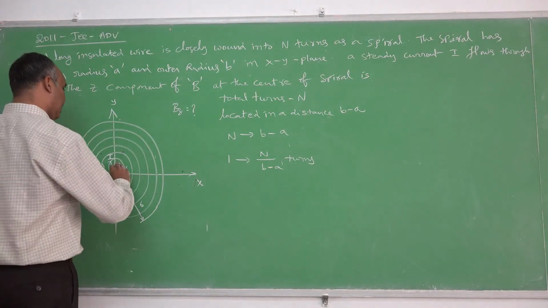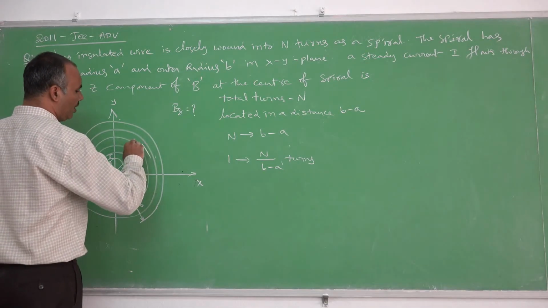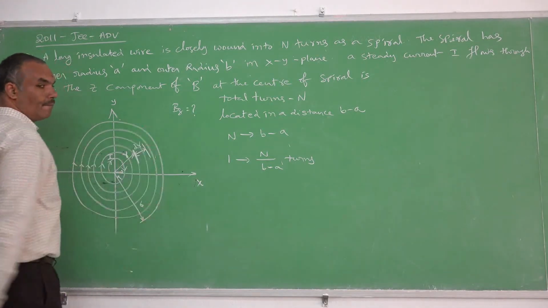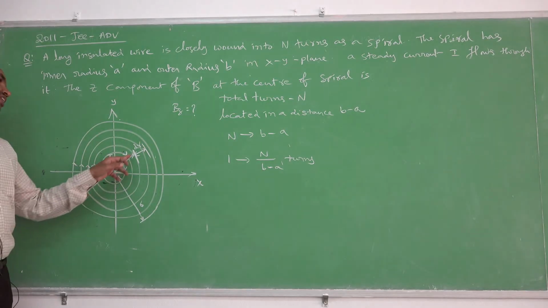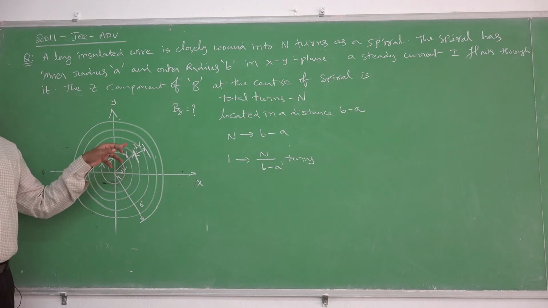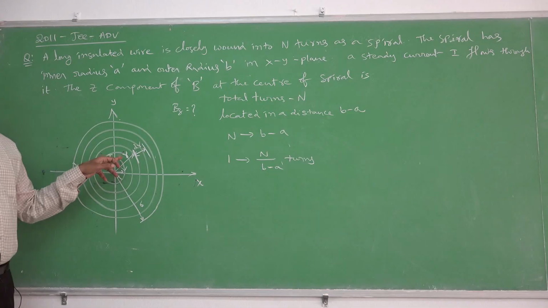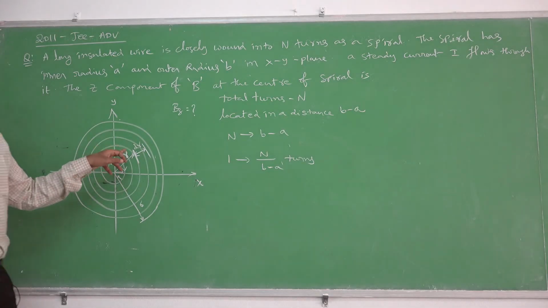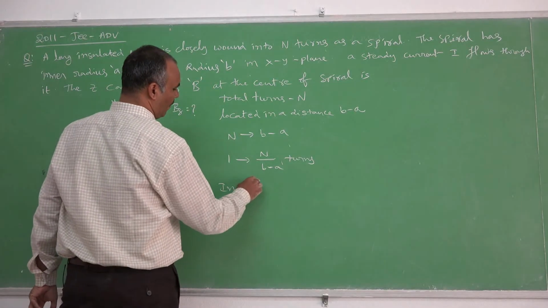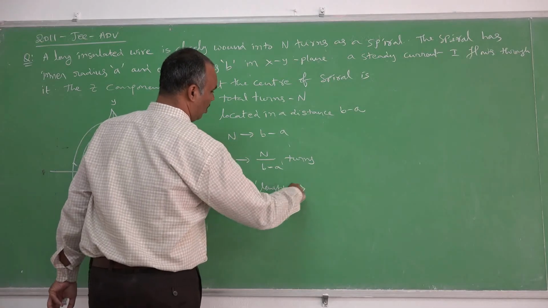For my convenience, let me take a distance r, and here I am taking a small element. So the element width is dr. At a distance r from the center of the spiral, I took an elemental spiral of thickness dr. So how many turns are available in dr length?